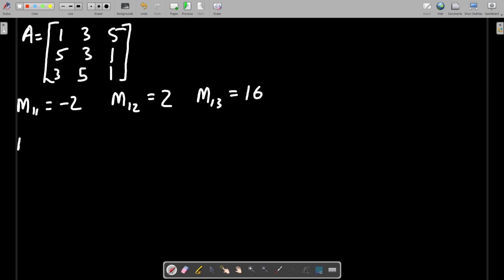So next, moving on, M21. Somebody cross check these numbers now. 3 into 1, 5 minus, so this will become minus 22. So this will become 1 into 1, minus 3 into 5, so minus 14. So next, second row, third column.